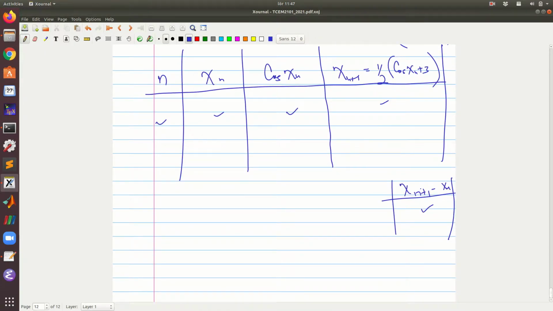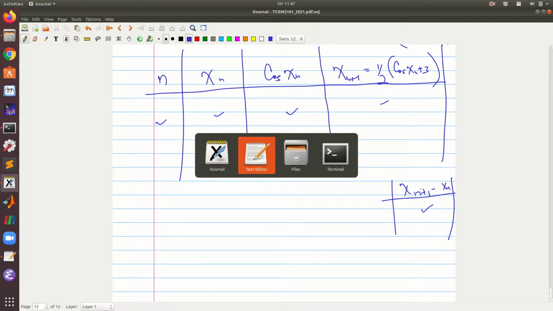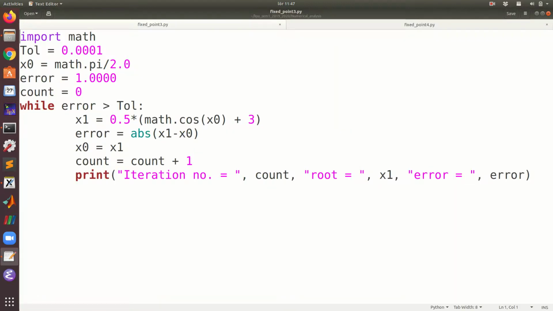Okay, so next I will just show you here where it was run. In the text editor, we set the tolerance, and then the initial root, that is pi over 2. It is between 0 and pi, so we can pick half pi, and then the error, and then the count as usual.